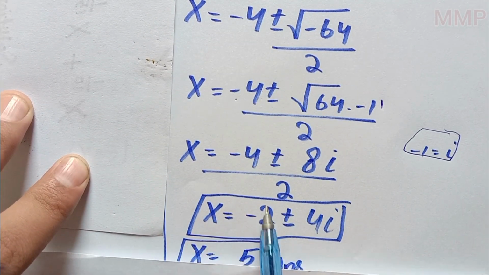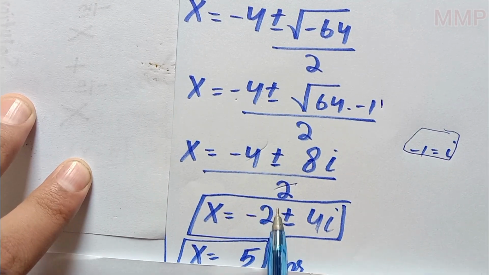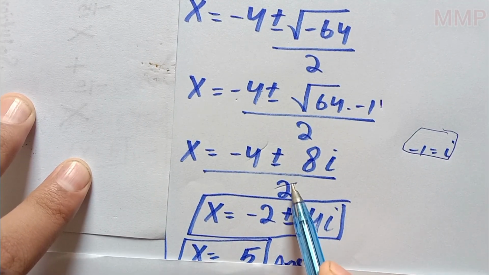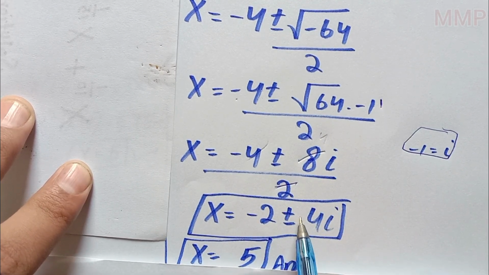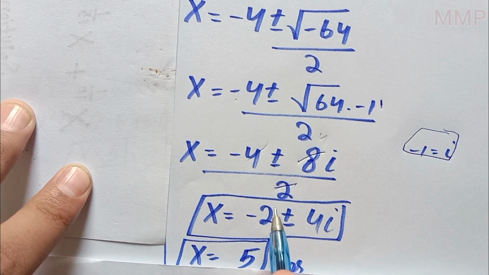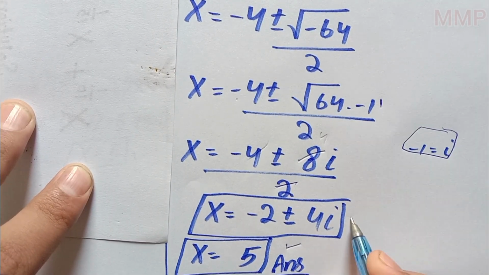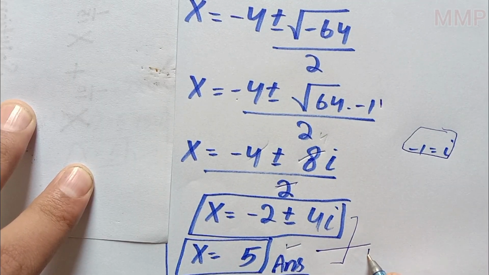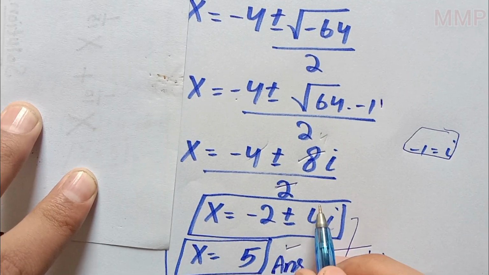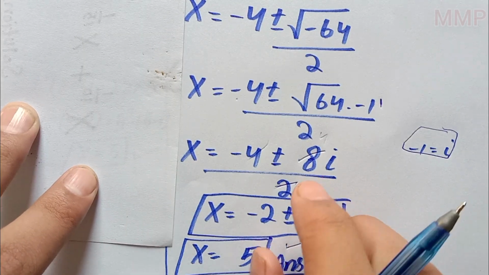Cutting 2 with this leaves 2, and cutting 2 with this leaves 4. x is equal to minus 2 plus minus 4 iota, and x is equal to 5. These two are our answers. x is equal to 5 is our simple answer, and x is equal to minus 2 plus minus 4 iota is our complex answer.